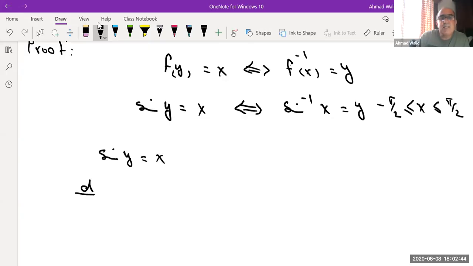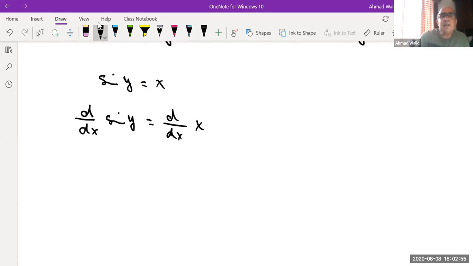Then you can say d over dx of sine y equals d over dx of x. d dx of sine y gives you cosine y dy dx, or y prime, whichever notation you use, equals d dx of x, which is 1. The derivative of x is 1.